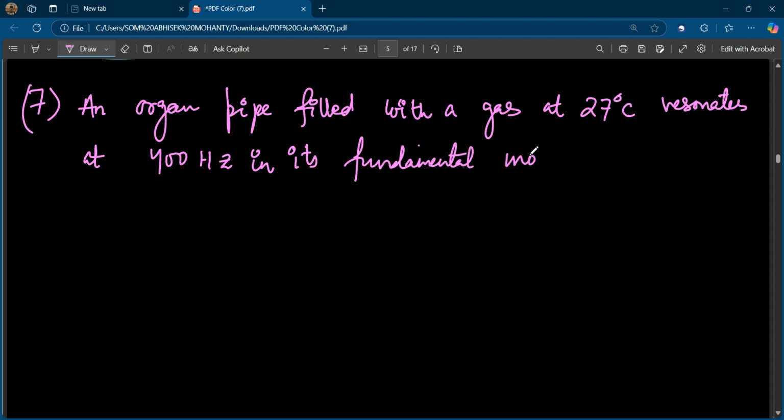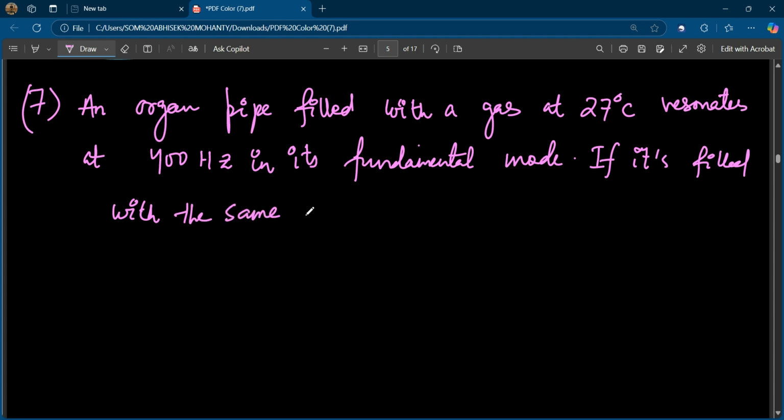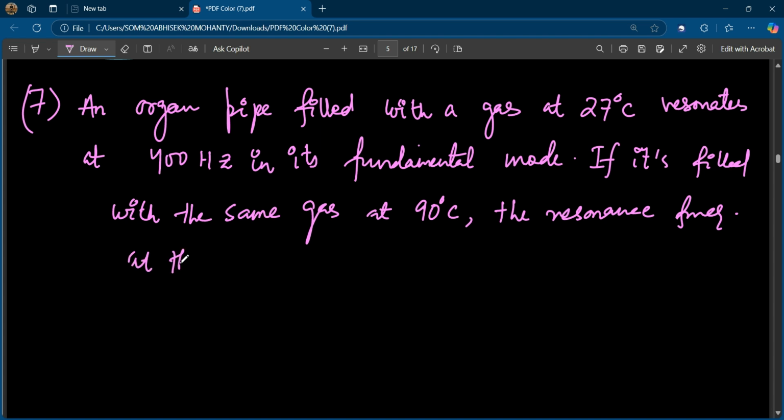If it is filled with the same gas at 90 degrees Celsius, the resonance frequency of the same mode will be dash.